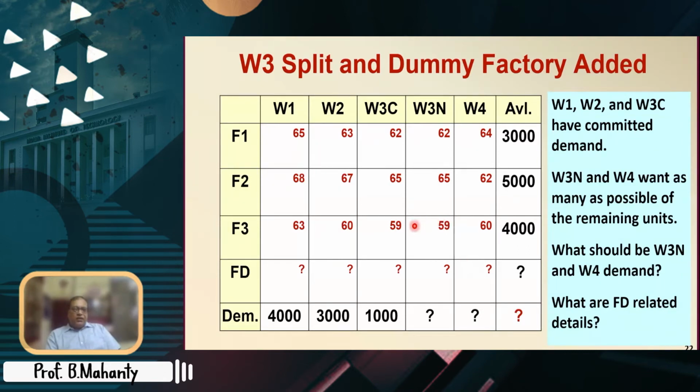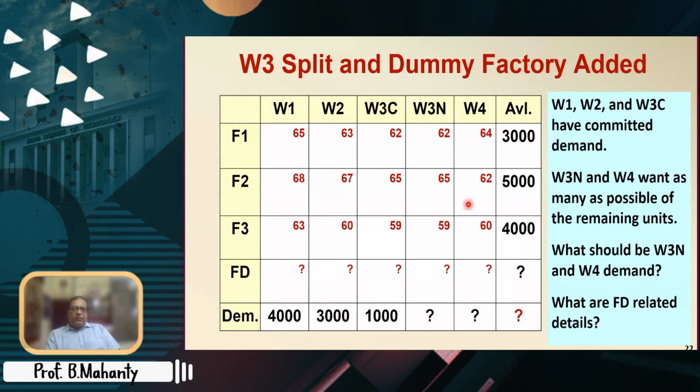So out of the remaining 4,000 units, 4,000 is going to come from the real warehouses and 4,000 from the dummy warehouse, but who gets dummy material and who gets real material would be decided by the problem itself.